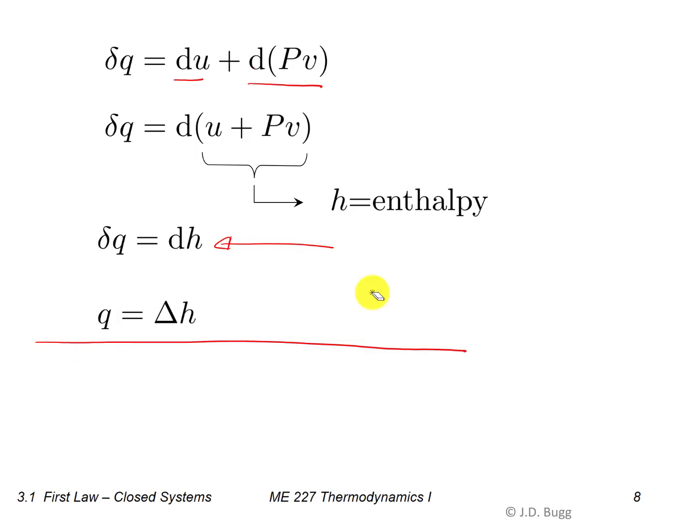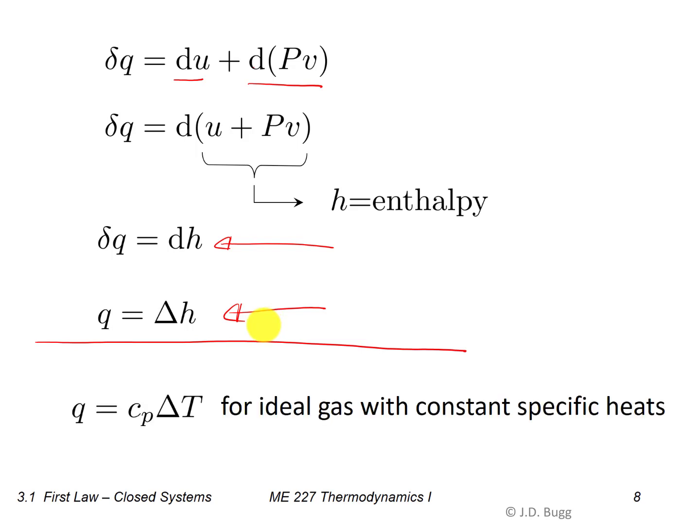Up to this point, we haven't made any assumption about what type of material or substance it is, so this is valid for any substance. Any substance at all undergoing a constant pressure process, Q equals delta H. However, if we're talking about an ideal gas with constant specific heats, then delta H is equal to Cp delta T, and we can say Q is Cp delta T.